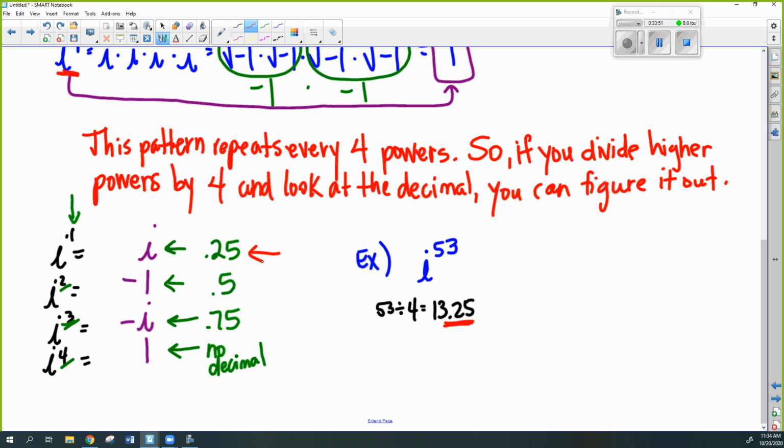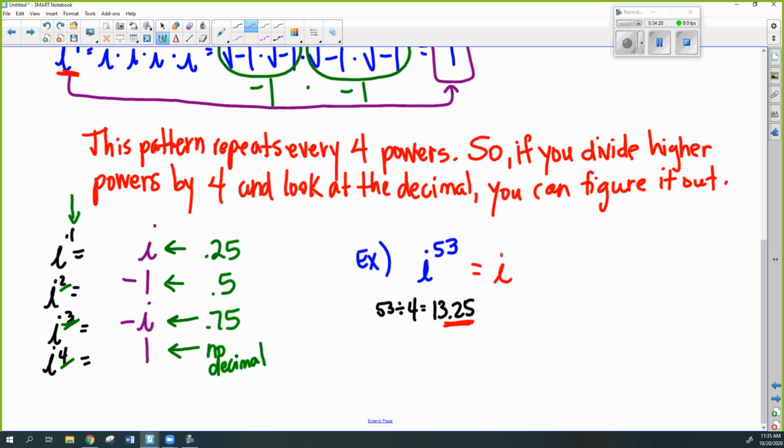So that means that I to the 53 is equal to I, because they have the same decimal, and you're done. That is the most simplified you can make it.